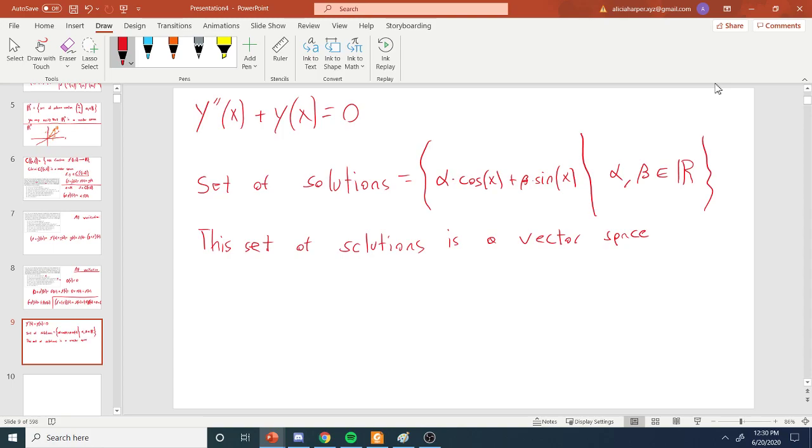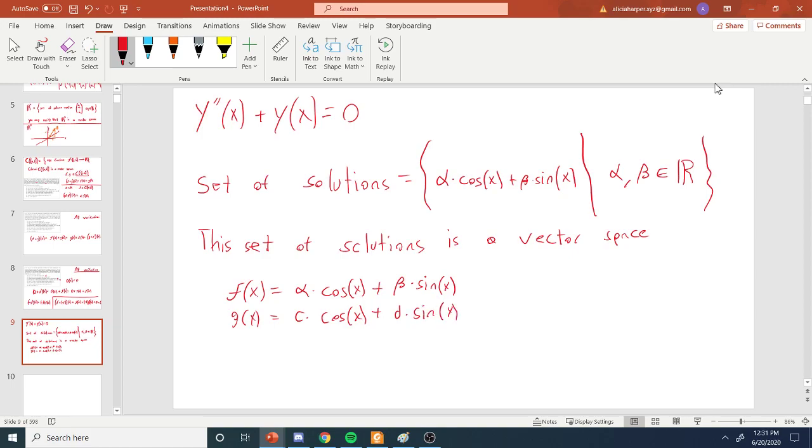For example, if you set f of x to be equal to alpha times cosine of x plus beta times sine of x, and you set g of x to be equal to, how about c times cosine of x plus d times sine of x.